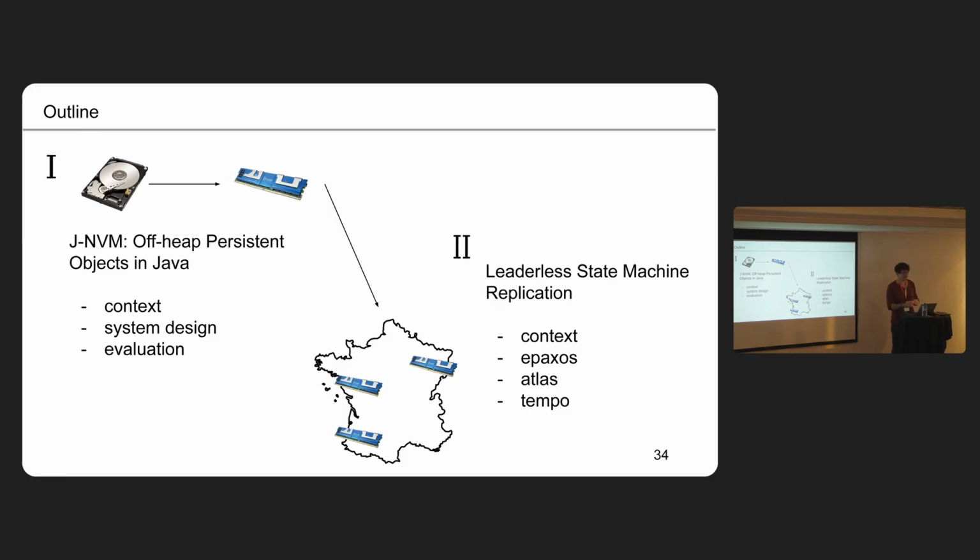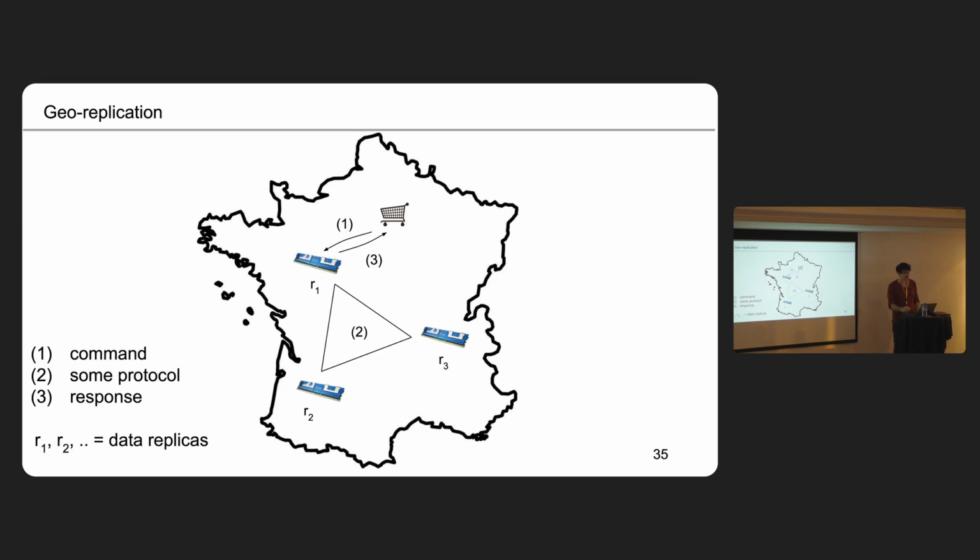So welcome to this second part of our journey into durability and availability in modern systems. We have seen in the first part how to make data durable using recent hardware.